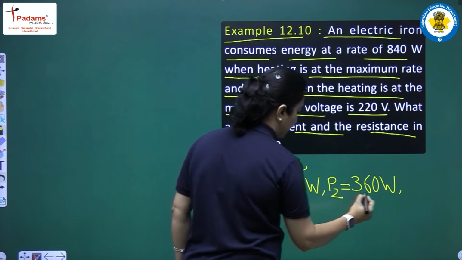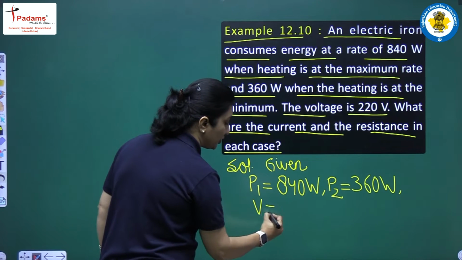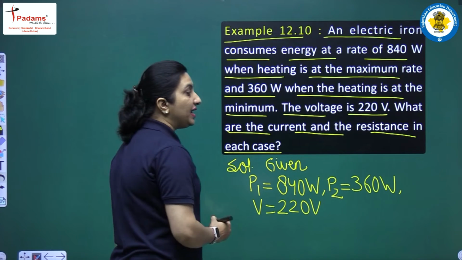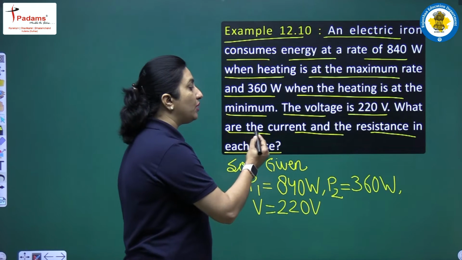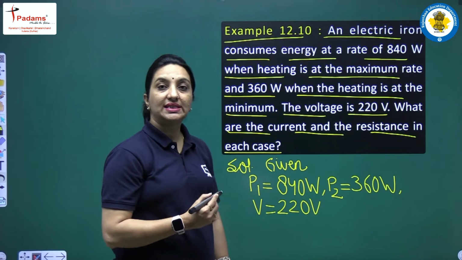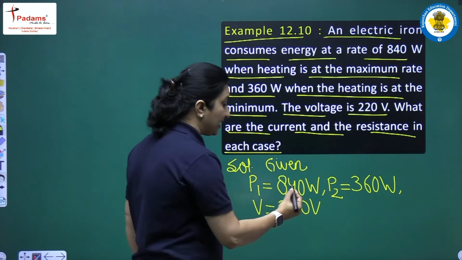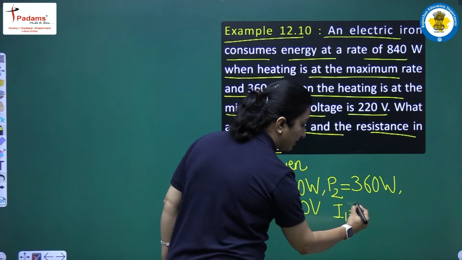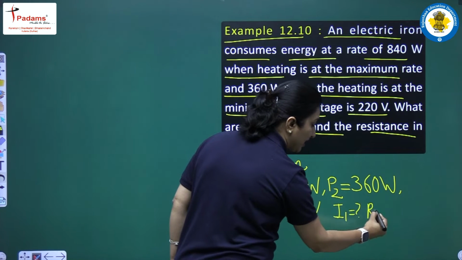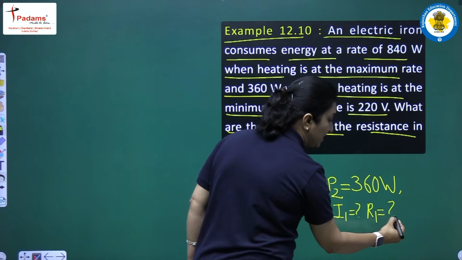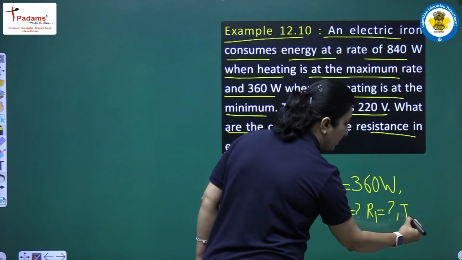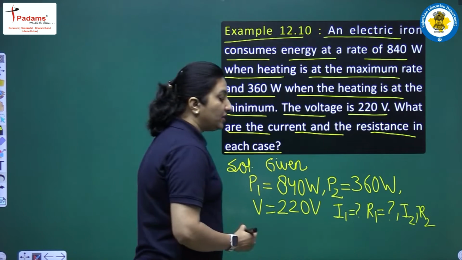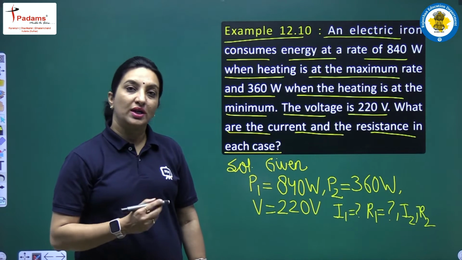And the voltage is given, students, as 220 volts. Now what we need to calculate? We need to calculate what are the current and resistance in each case. That is, we need to calculate I1, R1, then I2 and R2 also.